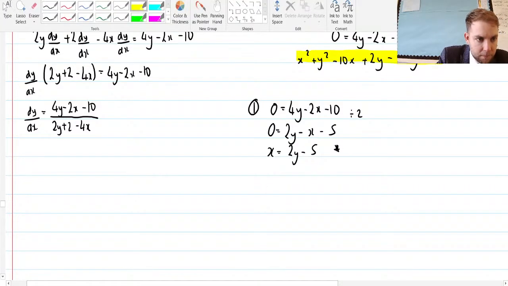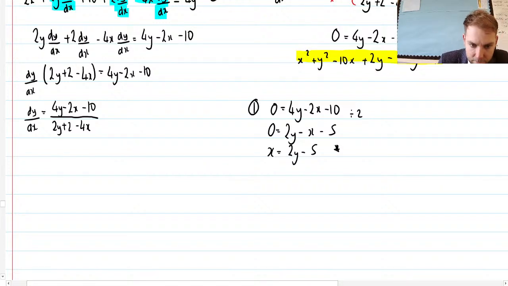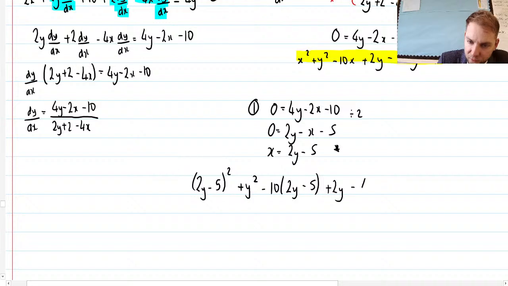So let's sub that in. I'm replacing the x. So that's going to be 2y minus 5 all squared for the first x squared, plus y squared, minus 10 times 2y minus 5, plus 2y minus 4y times 2y minus 5 is equal to 10.